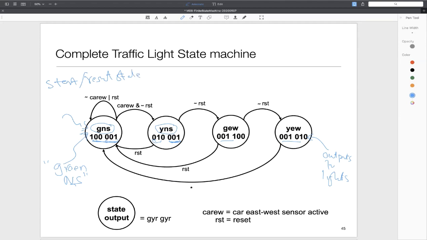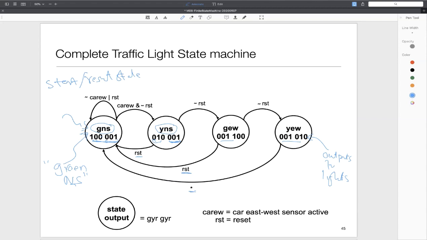And that's why you notice, if I'm in GEW and reset comes, I move to GNS. If I'm in YEW, the star means anything. So from YEW, I will always move to GNS. So that's why it doesn't matter. For example, if I'm in YNS, then again, reset comes, I move to GNS.